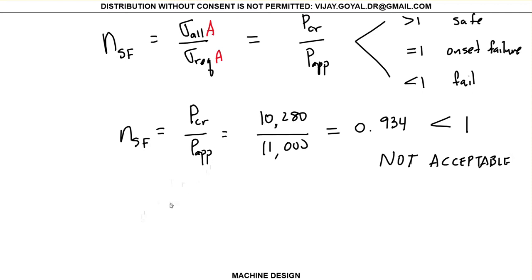So what do we need to do then? It fails. The problem asks whether the design is safe or not, if it will withstand. Because it's less than 1, it's not going to withstand. What's really happening is the amount of load that's available is not enough.